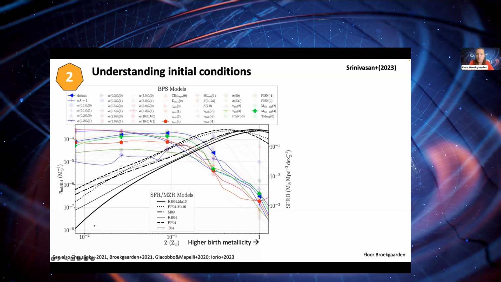So even though maybe fewer stars form from lower metallicity, they might actually play a really big role in forming the black hole collisions, just because they're so much better at forming black holes than higher metallicity stars. And this mostly has to do with the fact that stellar winds are metallicity dependent.